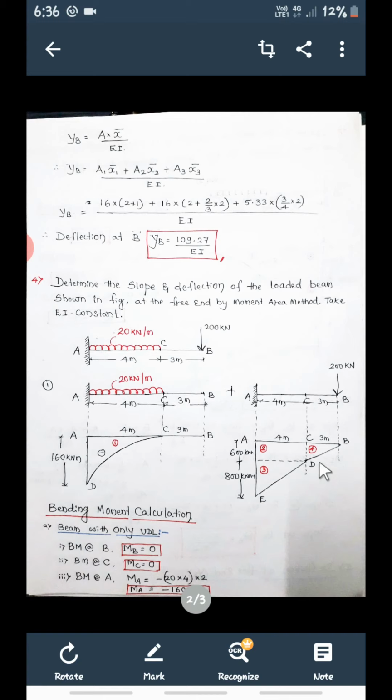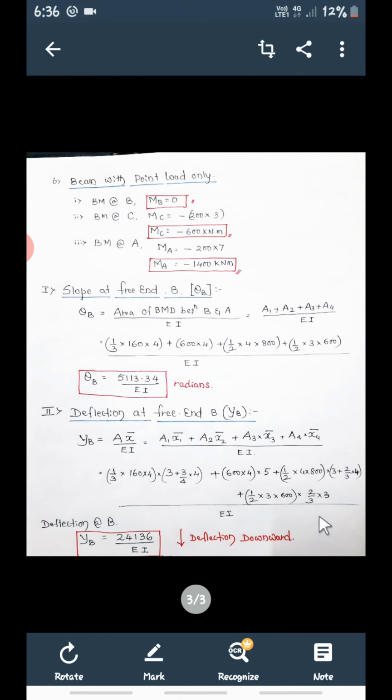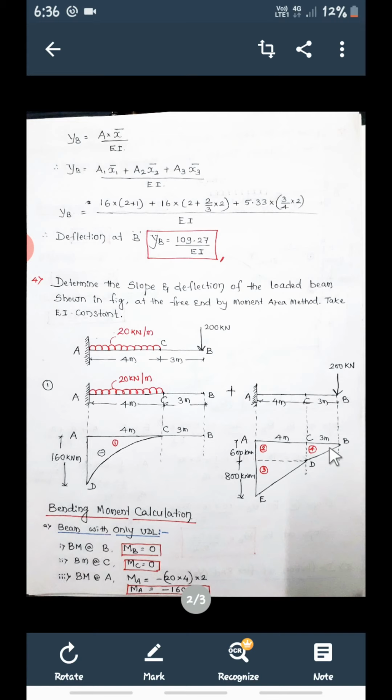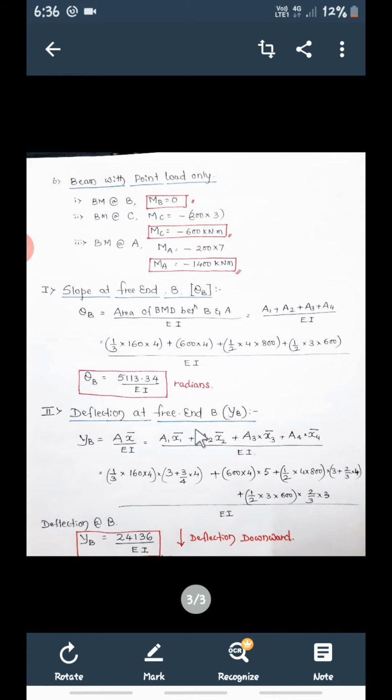From here to here, 3 meter, so 3 plus 2/3 of 4 meter, plus A4. Again A4 is a triangle, half 3 into 600 into x4 bar. x4 from B is 2/3 of 3 meter, since the centroid is at 2/3 of base.